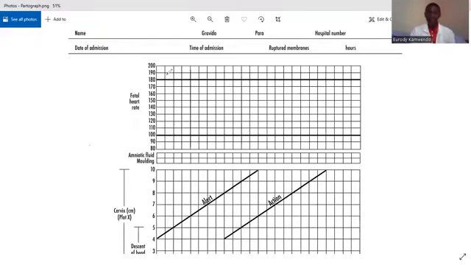So as you check the fetal heart rate, if you find that the fetal heart rate is 120, 150 or 130 over 120, then you record it as such. Since we are following this line at 6 centimeters, you follow it all the way up.